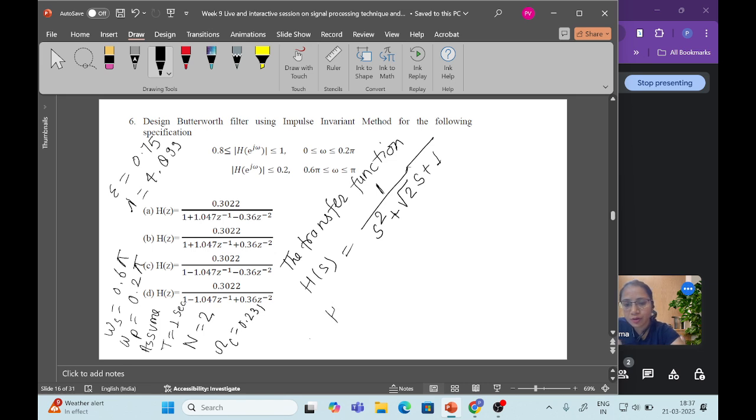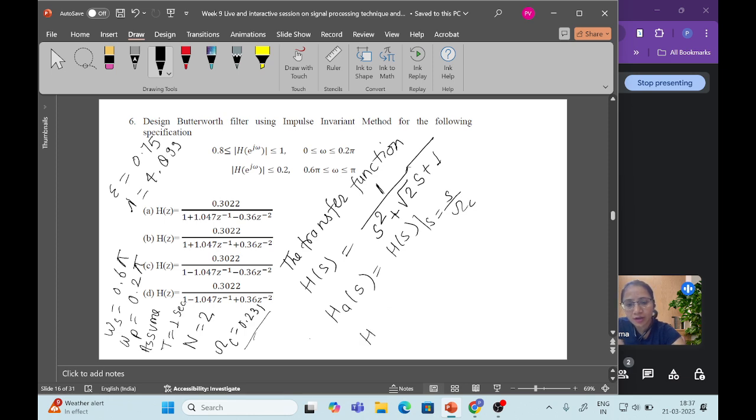So how can we convert from the analog to the digital domain? That is H(s), where in place of s we put s by omega c. In the place of s we have to take the cutoff frequency under consideration.